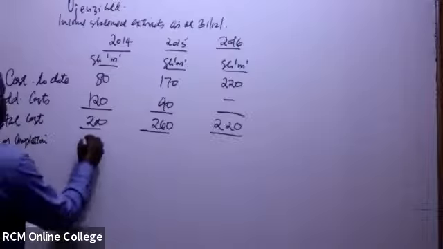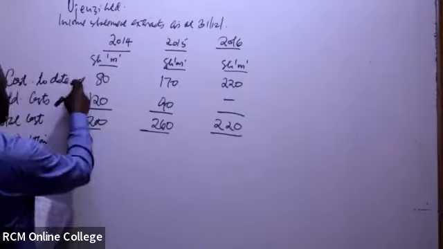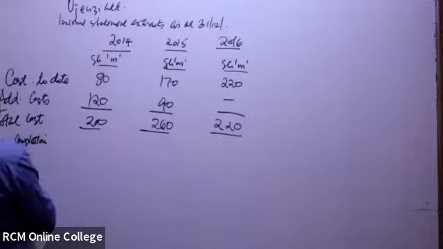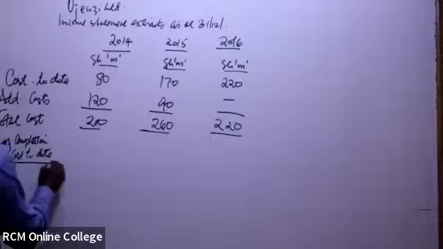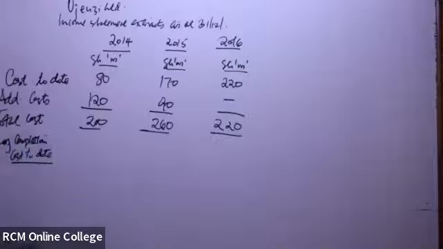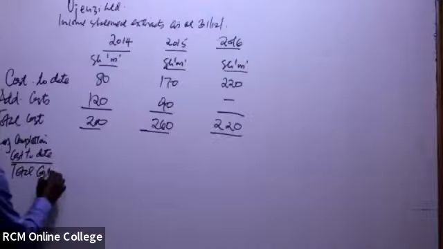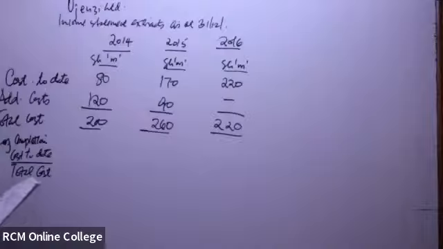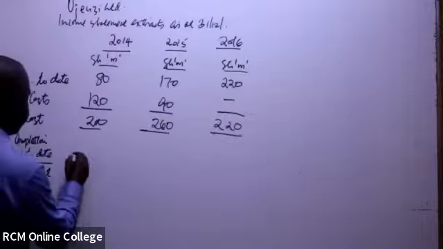You'll take the cost to date and divide by the total cost. It will indicate to you what percentage they were able to complete in each and every year. So for this first one, we'll take 80.